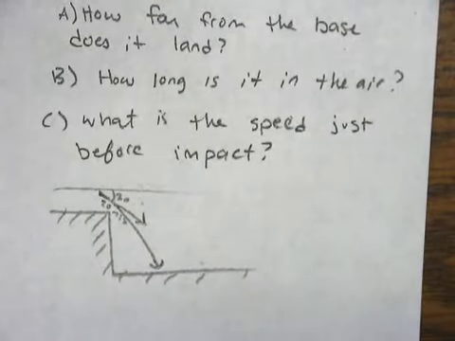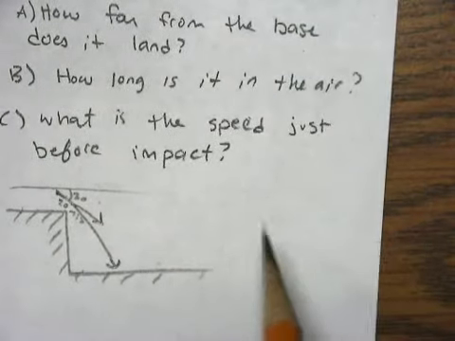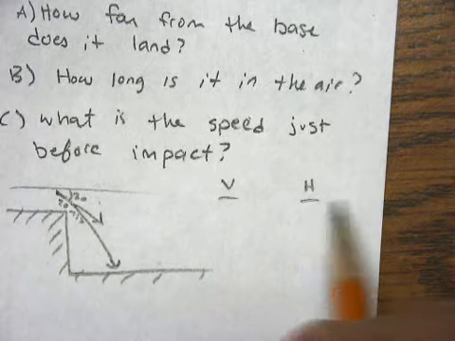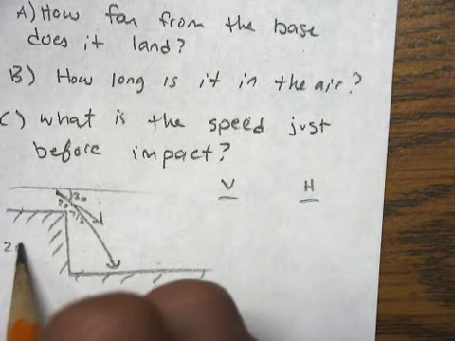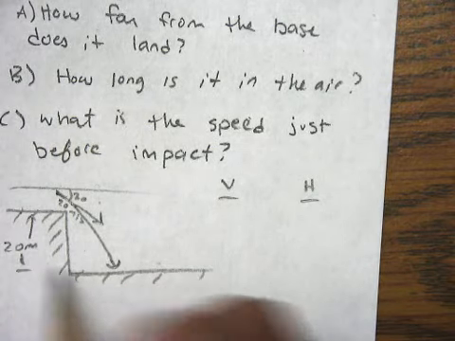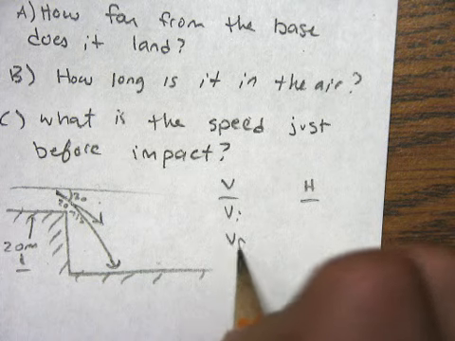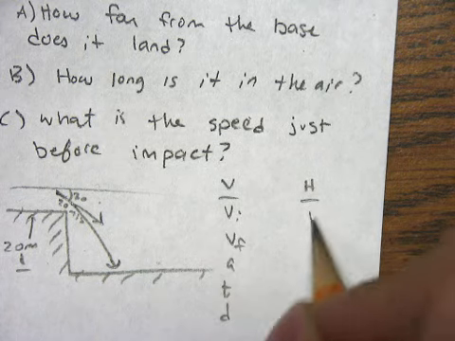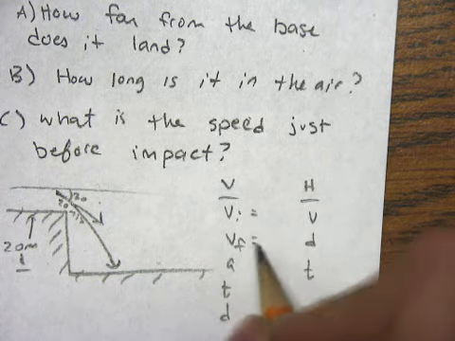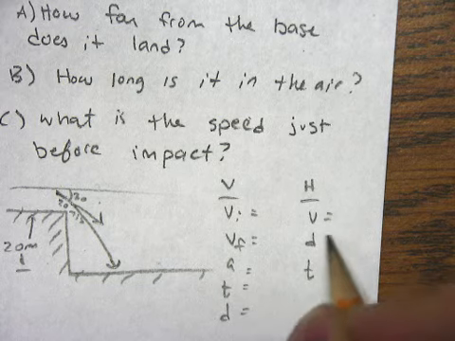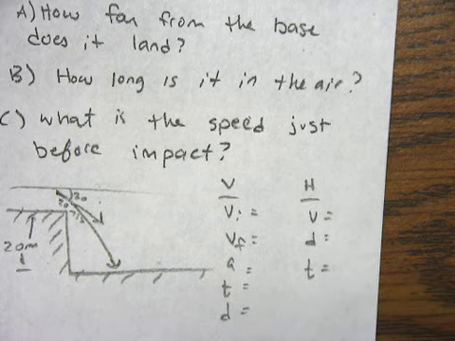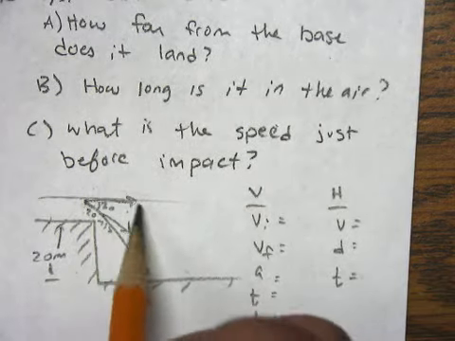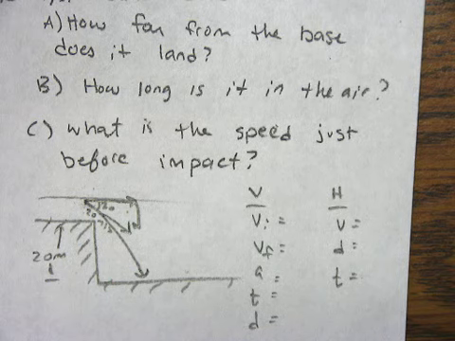So the first thing I'm going to do is break it down into its vertical and horizontal components. I know that this thing's 20 meters tall. So VI, VF, A, T, D: velocity, distance, time. Okay, so I'm going to break this into its X component and its Y component.